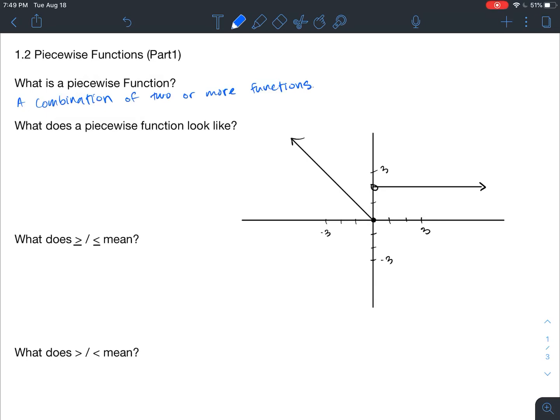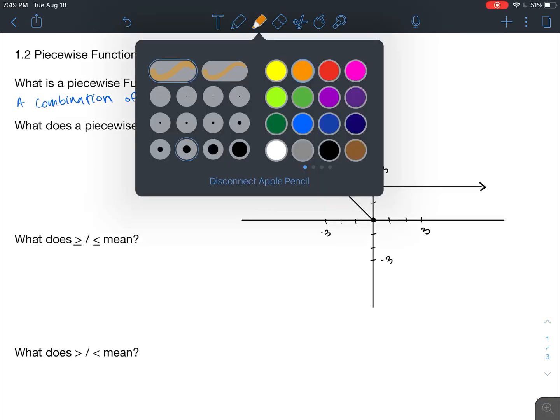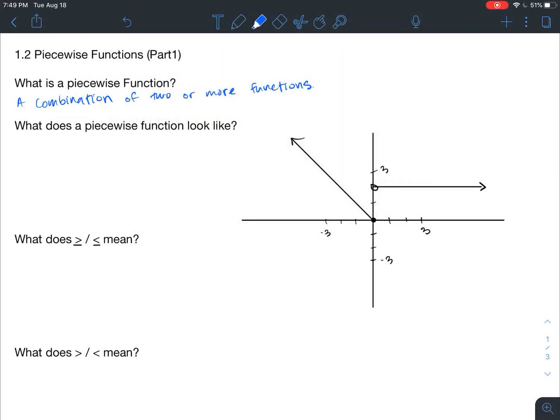So you can see to the right side of the screen that we have two functions on one graph. But the thing is, it's kind of broken up right here, right? It doesn't look connected. So piecewise functions, that's what they're going to look like. So let's try to identify what these functions are.